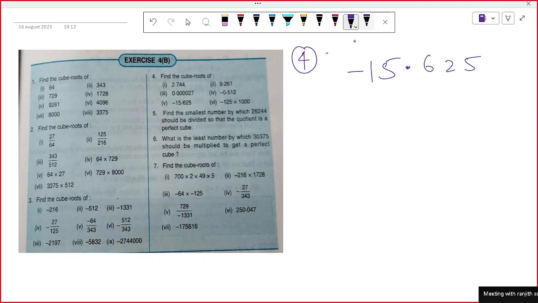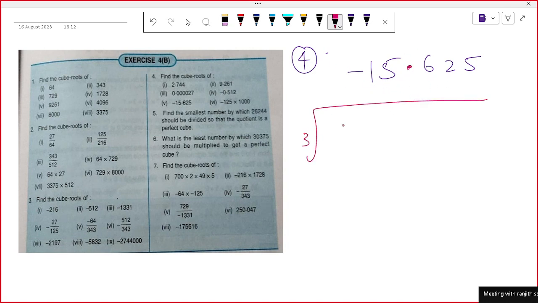Minus 15.625. When there is a decimal, how do you solve this? We remove the decimal, right? So eliminate this decimal and divide by 1000. Others, remember this whenever there is a decimal. Make a note of this. When you have a decimal in the question, first remove the decimal and divide by 1000.